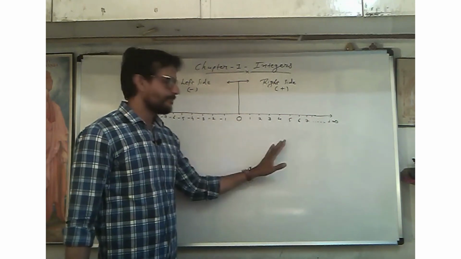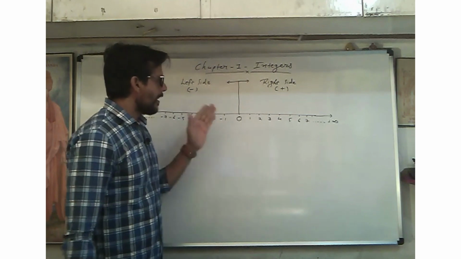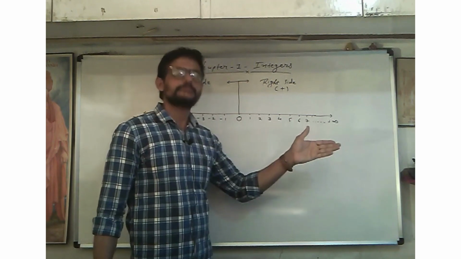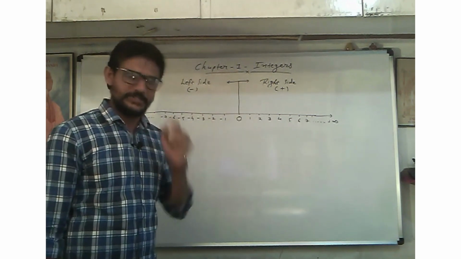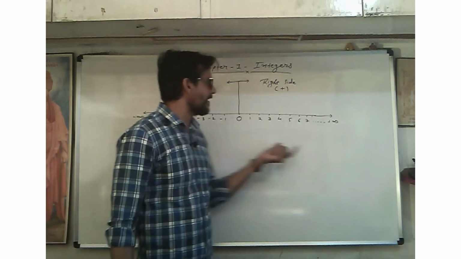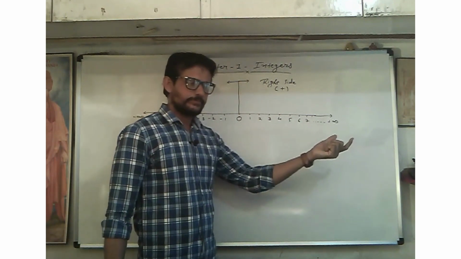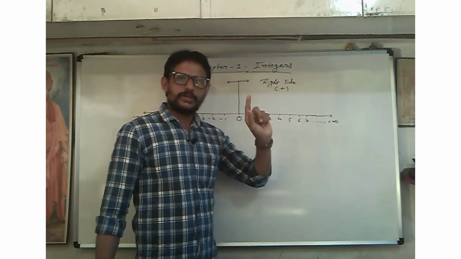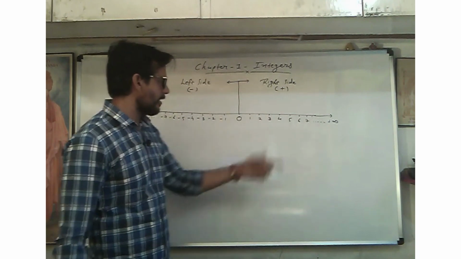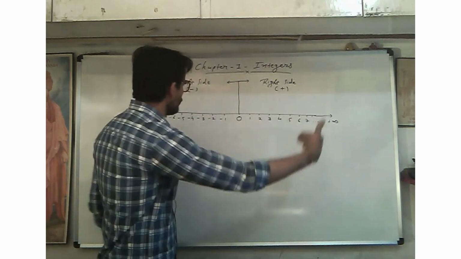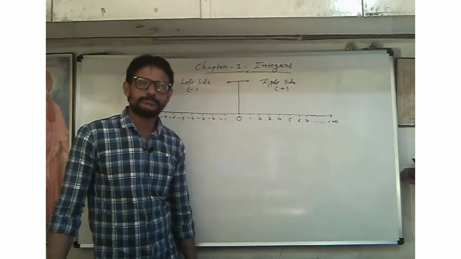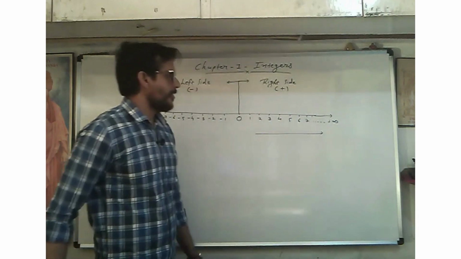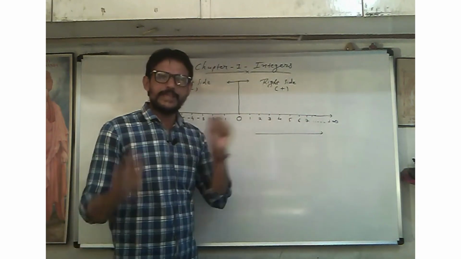On number line, when you add a positive integer, that means you move to the right side. In the case of opposite direction, when you subtract a positive number, that means you move to left side. You are going on right side on number line.